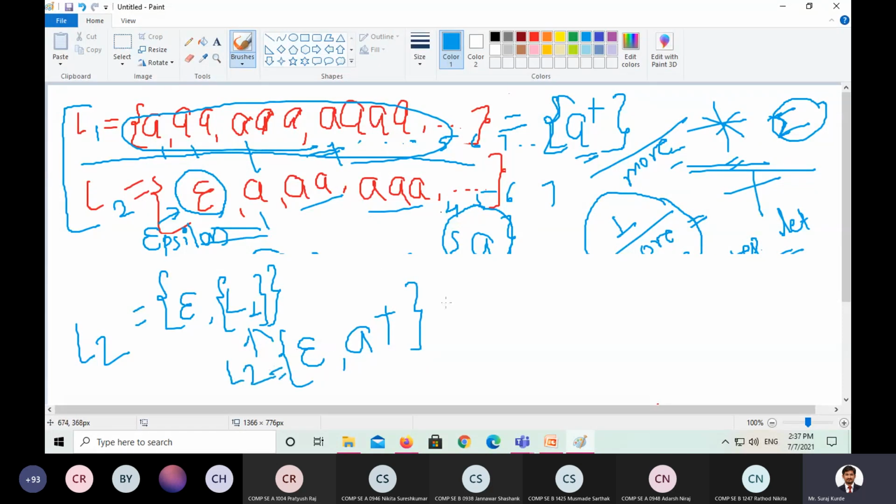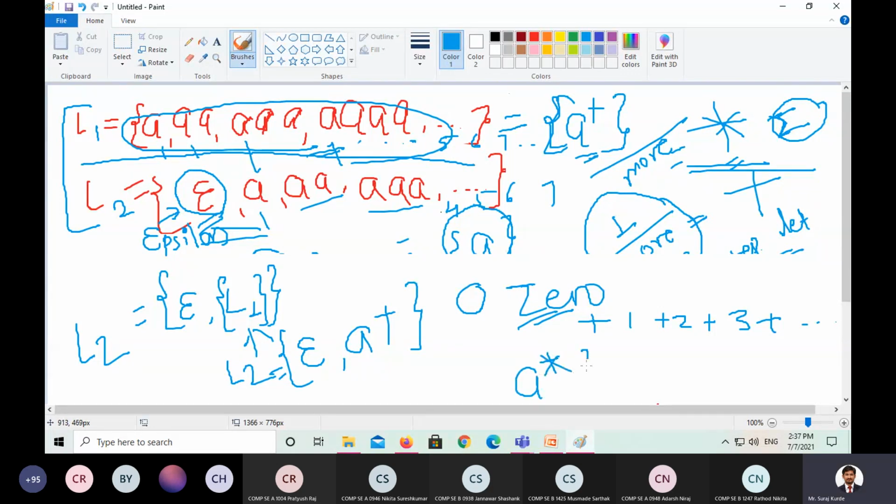Now, when such a condition is there, when the minimum length of the string is 0, or more than that, plus 1, plus 2, and so on. So here it continues, right? So in this case, what do we write?